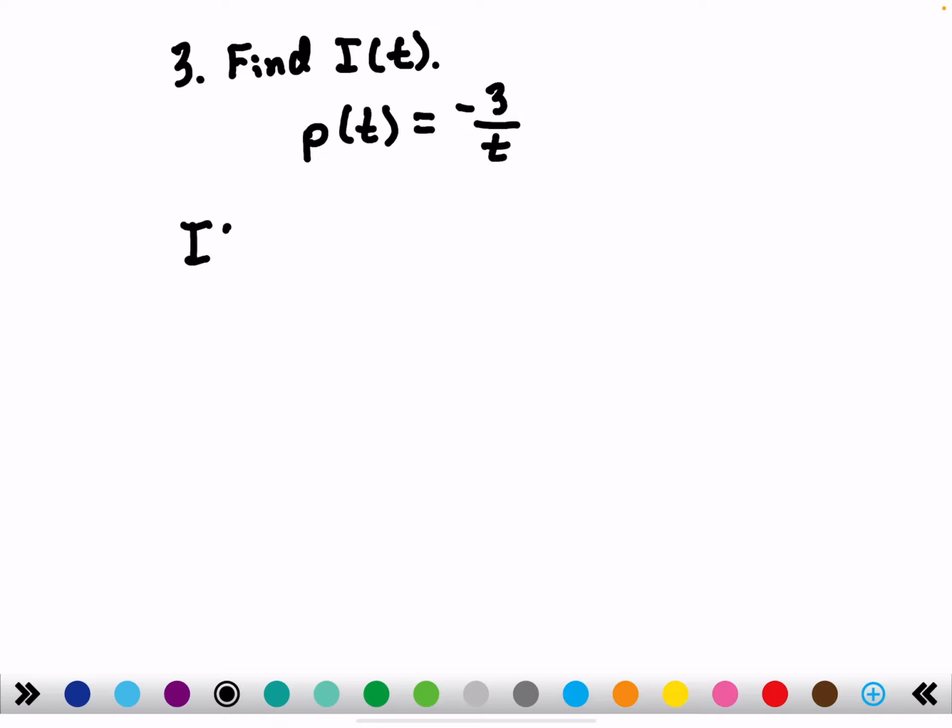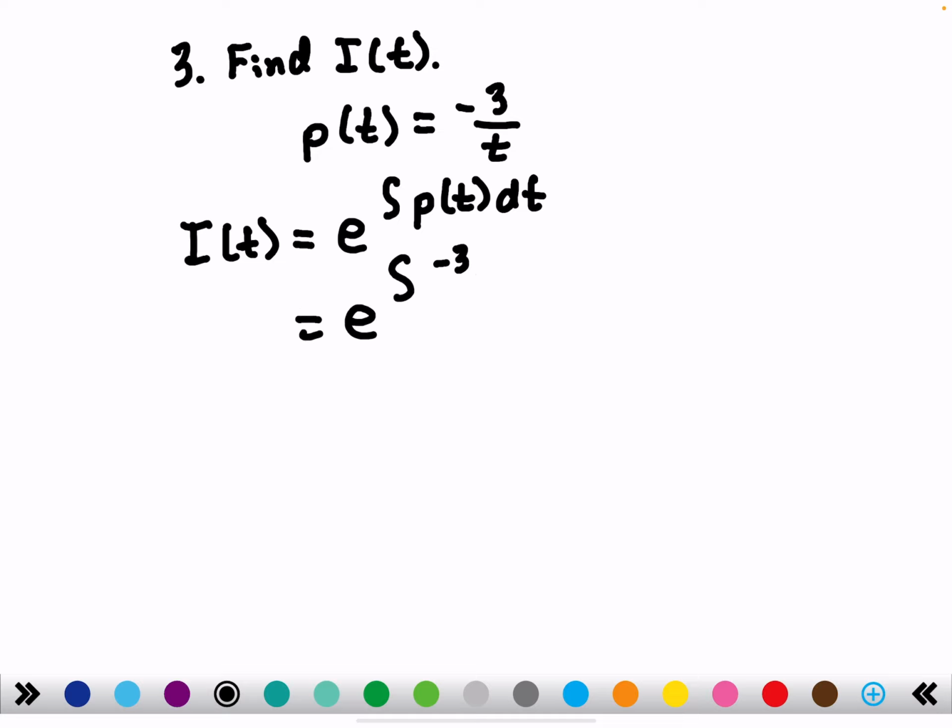The formula for I sub t is equal to e to the power of the integral of p sub t dt. So this would be e to the integral of negative 3 over t dt, and that's e to the negative 3 times the natural log of t.